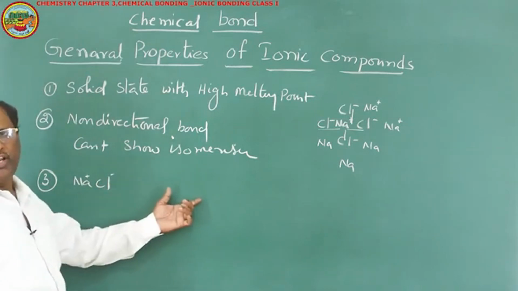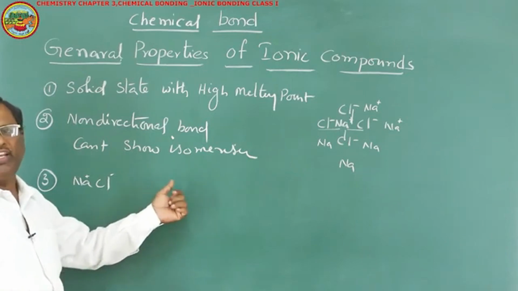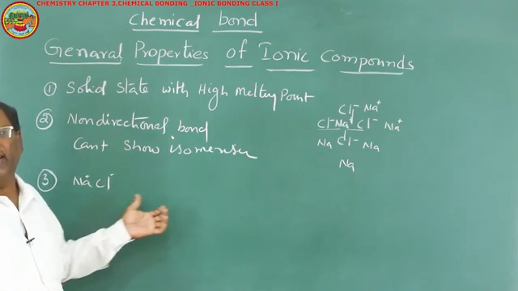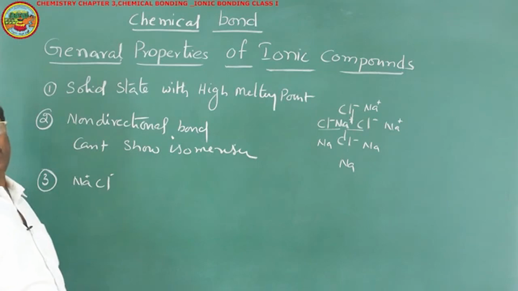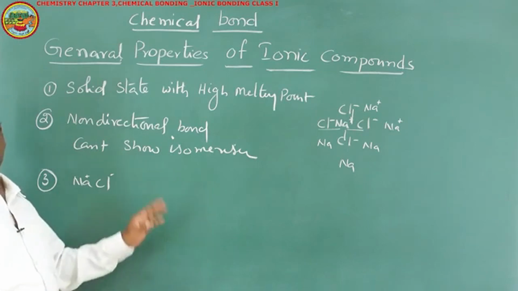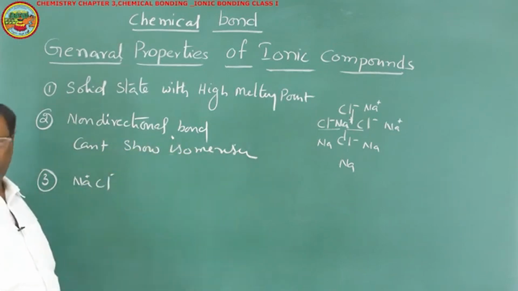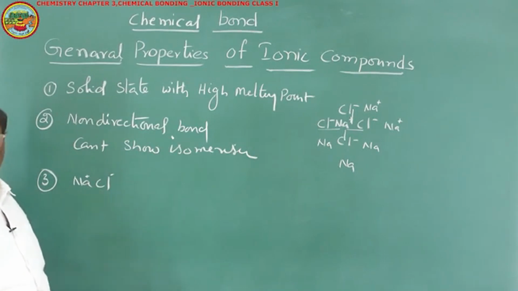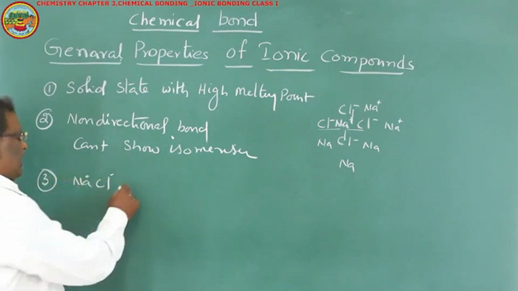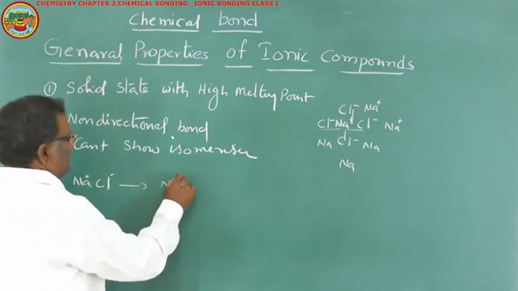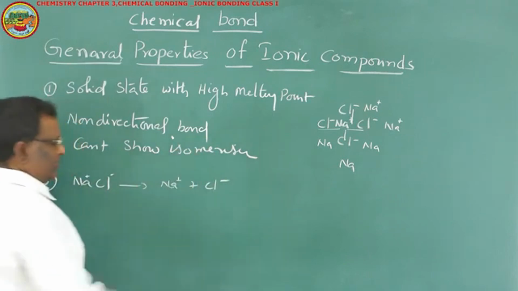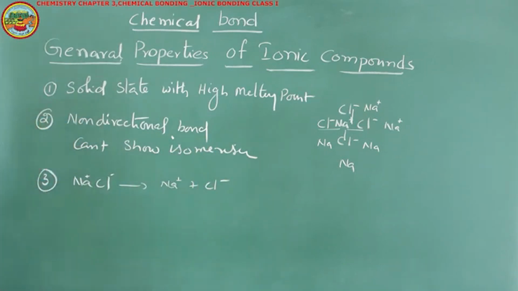To convert it into liquid state, you have to heat it to nearly 900 degrees centigrade, then only it will melt and convert into a molten or liquid state. But the same NaCl, if you dissolve in water, at room temperature itself, it ionizes to give Na plus and Cl minus ions. So ionic compounds are soluble in polar solvents like water.